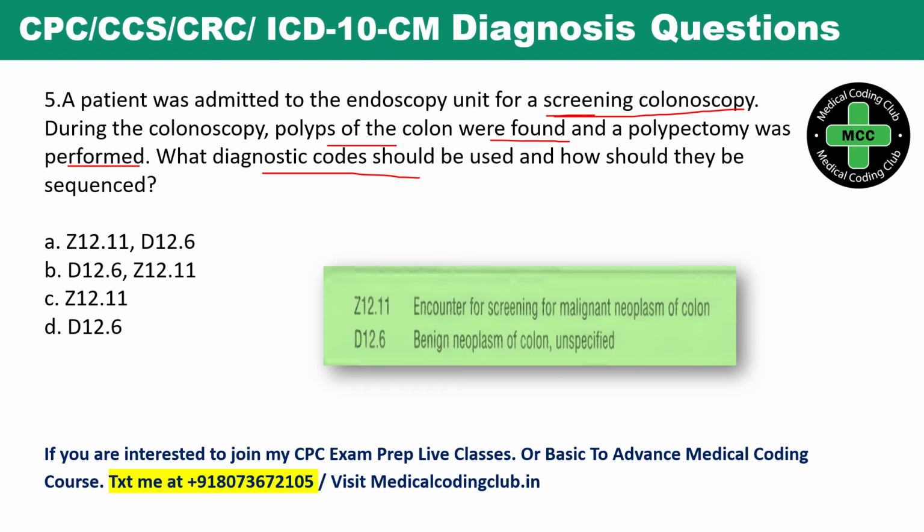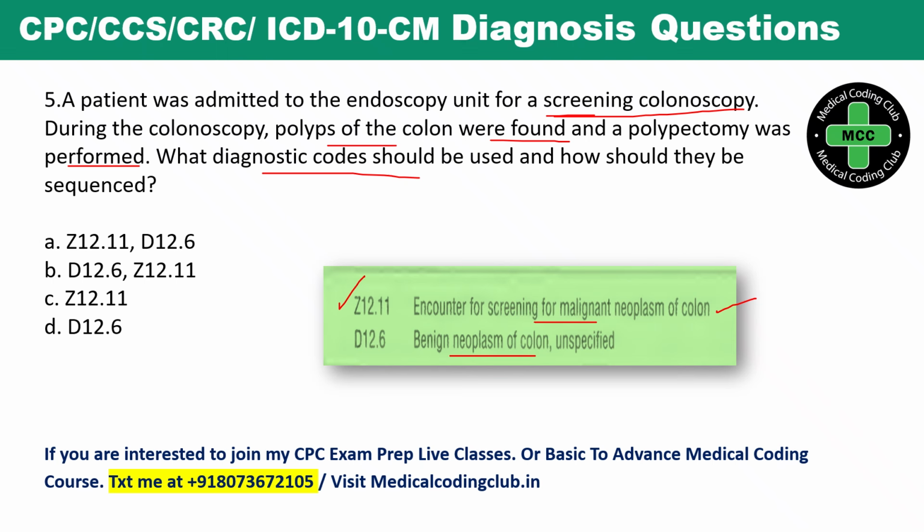Here they have not given options with the K series code; they have assumed it's benign, so they have added options with the benign condition. So just see the sequencing here: Z12.11, encounter for screening for malignant neoplasm of colon, and D12.6, benign neoplasm of colon, unspecified.